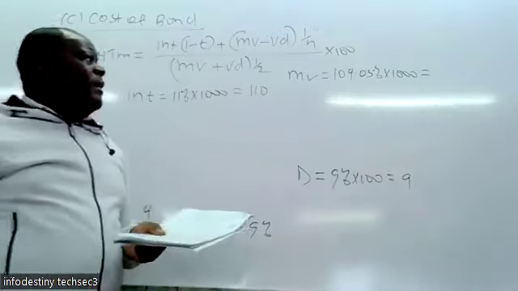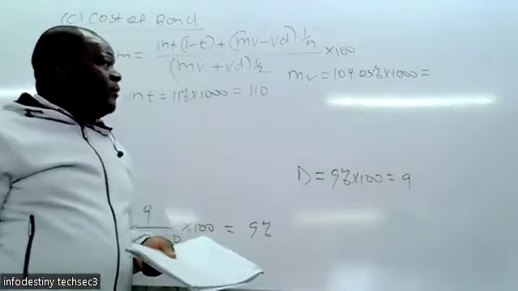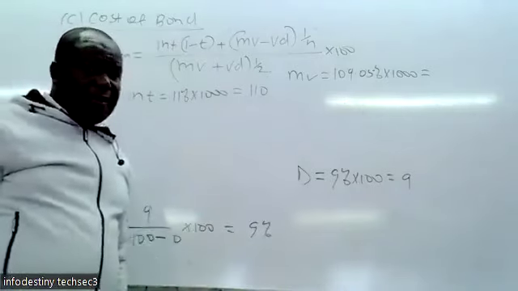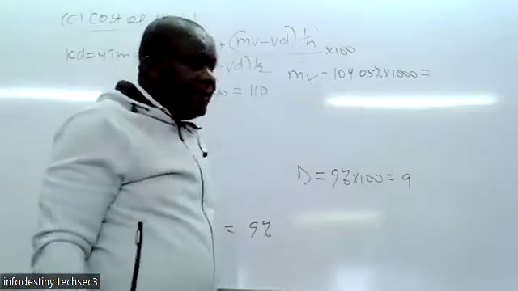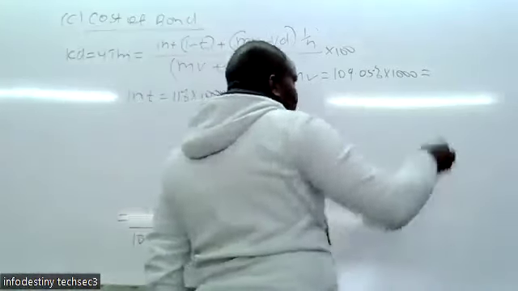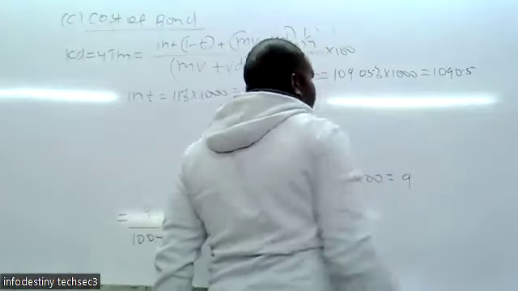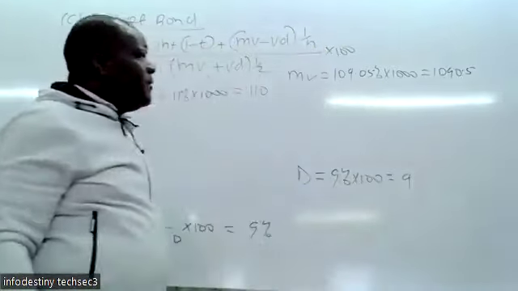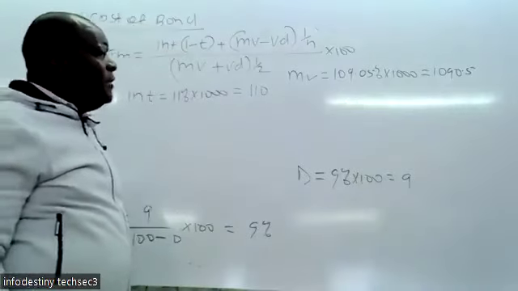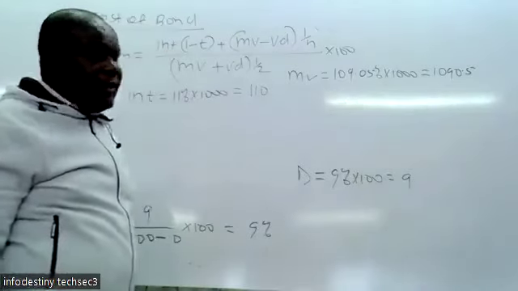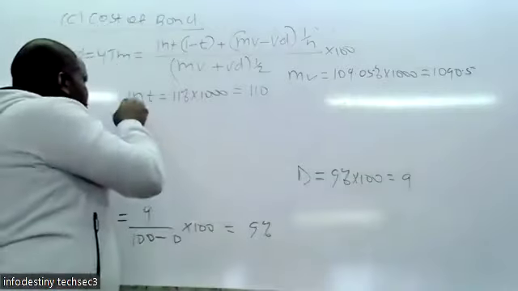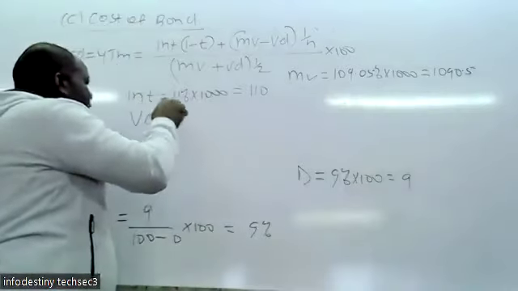So 109.05% of 1,000 gives you around 1,090.5.